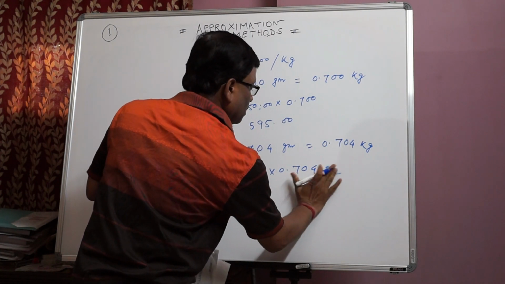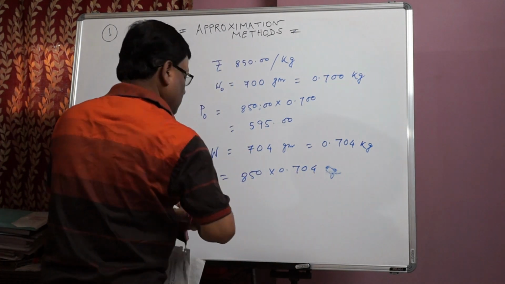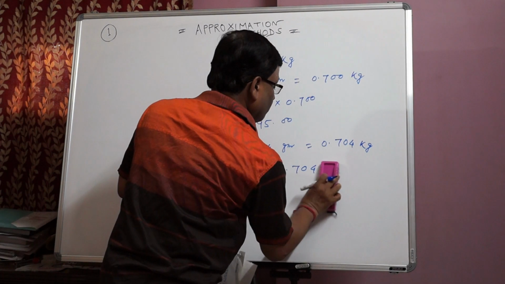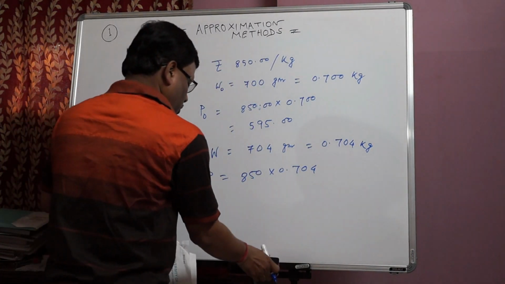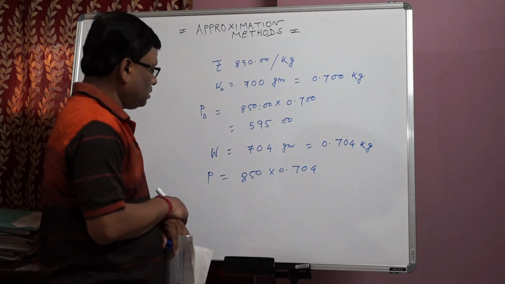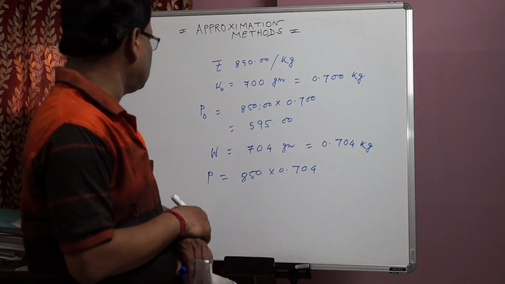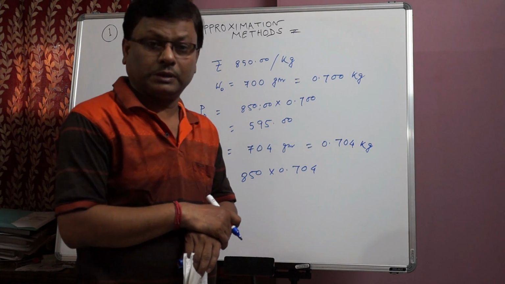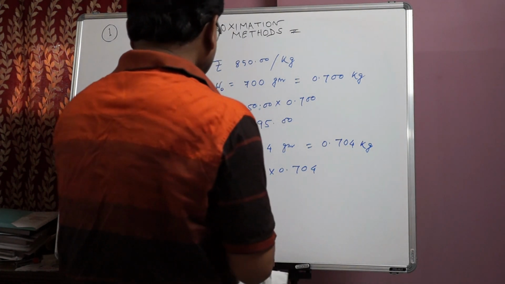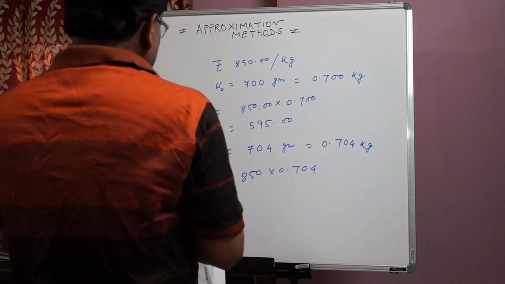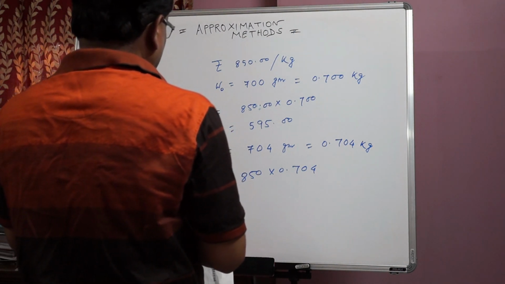So the multiplication is a little difficult for the seller as well as for you. To ease the calculation, what does the seller do?